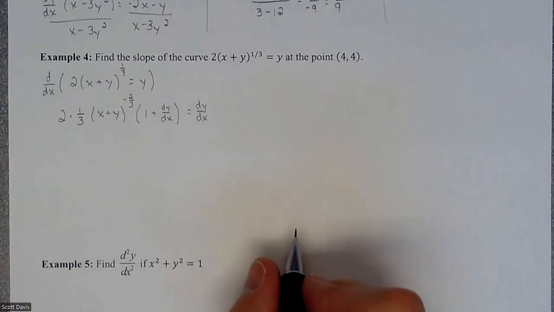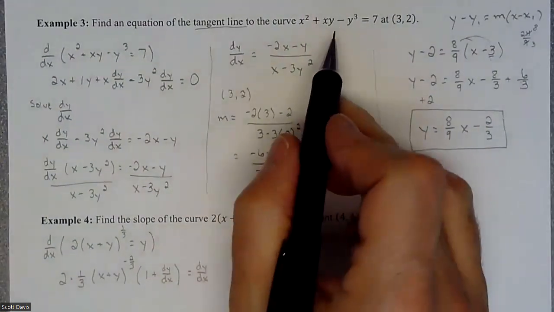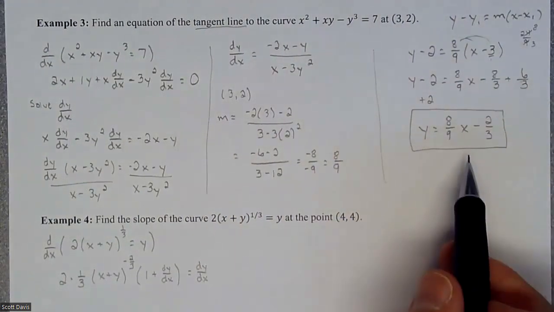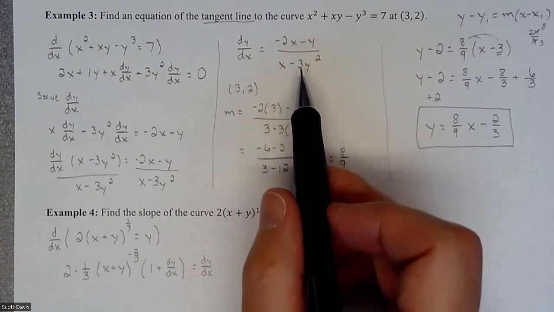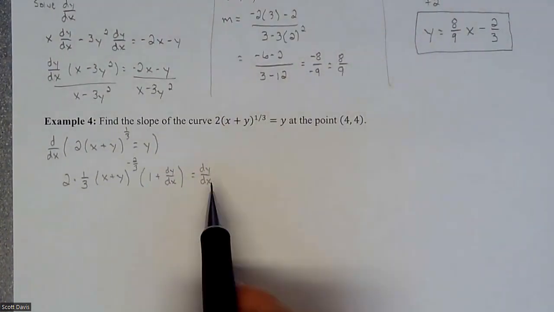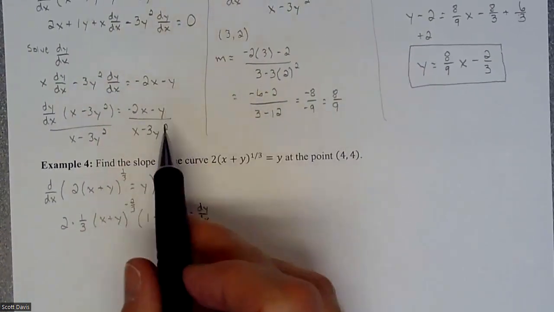So here's the point where I have to realize, how much do I really need to do? In this past problem, we were asked to find the equation, which meant the same thing. We are finding the derivative, which is the slope equation. We plugged in our point and we got our slope. However, this one might be a little bit more complicated. It really doesn't matter. We could have done the same thing here.